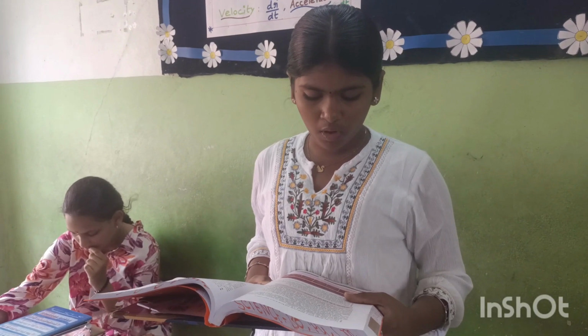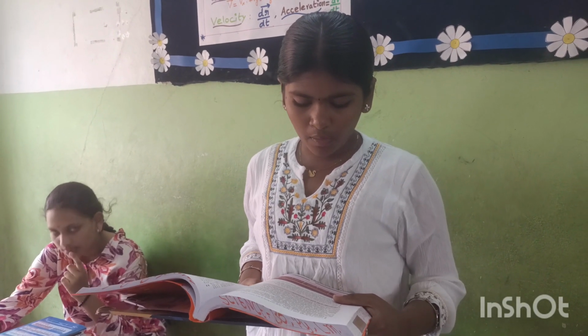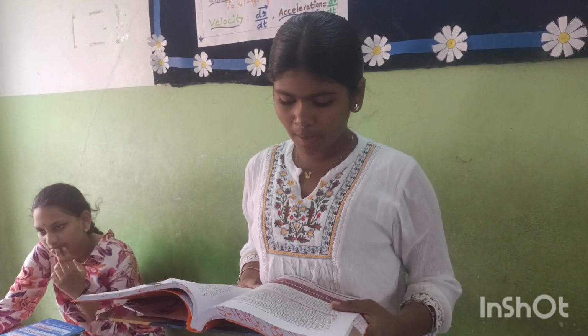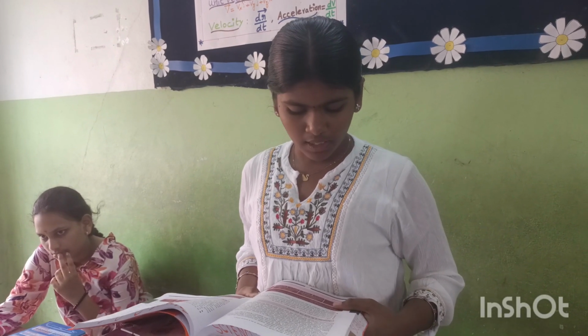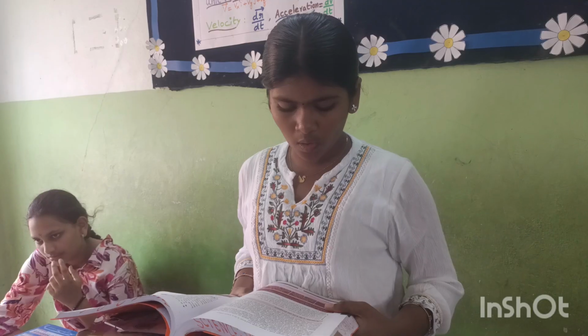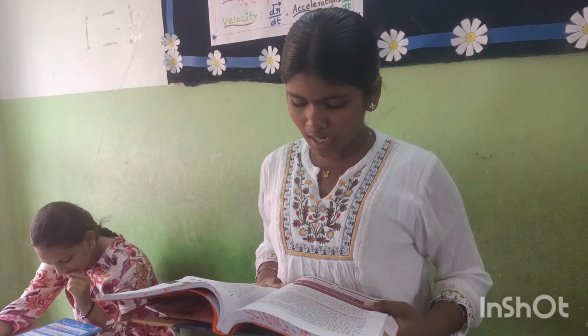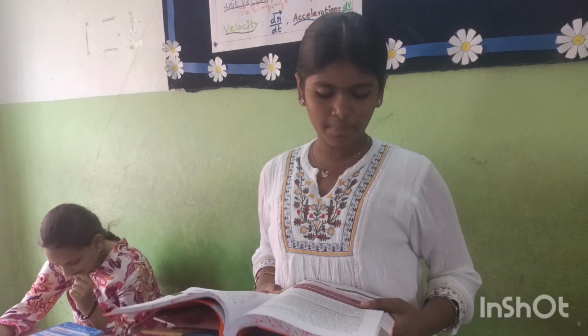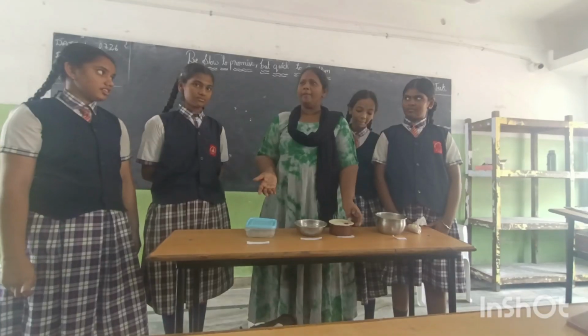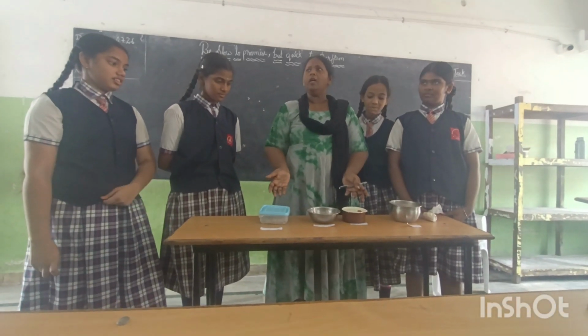Cover both bowls. Keep bowl A in a warm place and bowl B in a cool place for a few hours or overnight. Observe the changes in the glass bowls. Write your predictions and observations in Table 1.3. The result we are going to observe today.